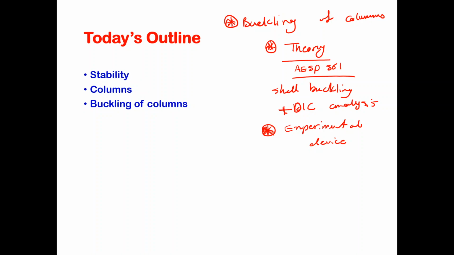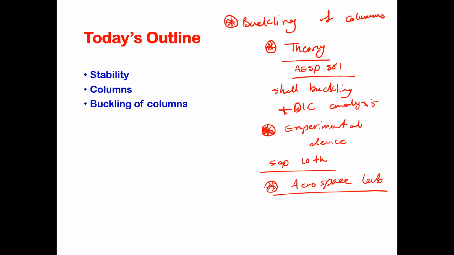So not Thursday, not September 3rd. It's going to be September 10th. Your experiment is going to be on September 10th. We are going to perform these experiments in the Aerospace lab, which is in 300 Main Street.